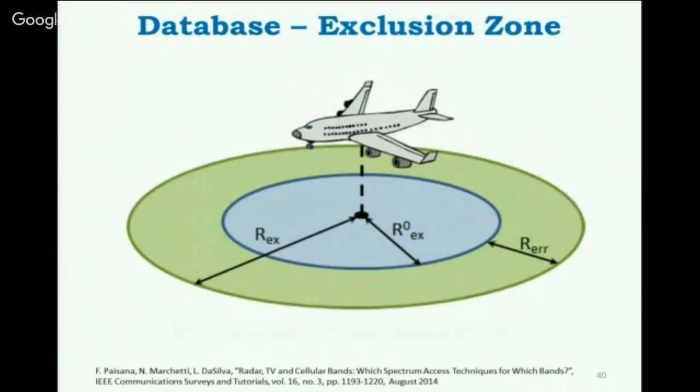A more challenging scenario is when, for example, the primary is moving. It could be the example of an airborne radar. In this case, defining the exclusion zone is not trivial because you have a moving primary system. So the exclusion zone would move with the primary system.